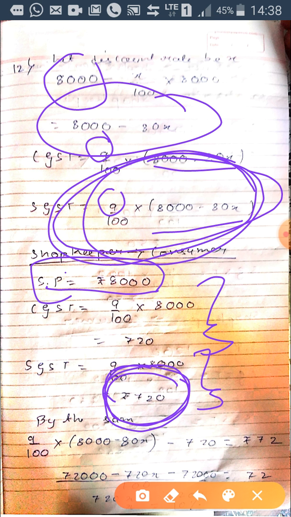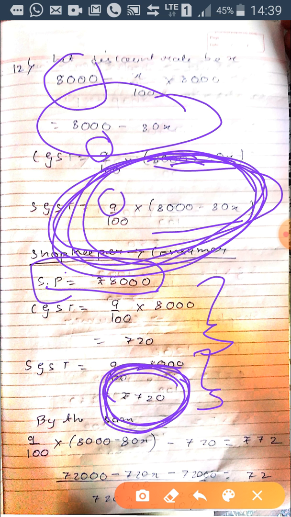So we will subtract both of these to get to the SGST which he pays. Because he pays this much, and then this whole 720 he won't give to the hand of the state government. What will he do? He will cancel out the amount which he has paid, and the remaining portion he will give.